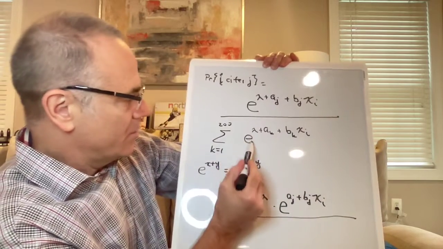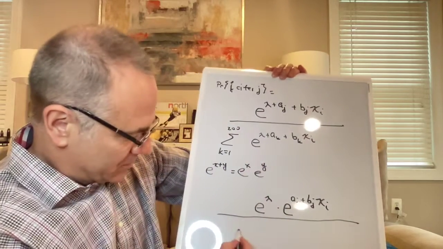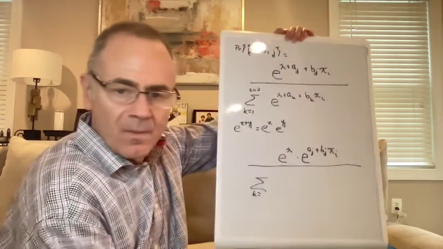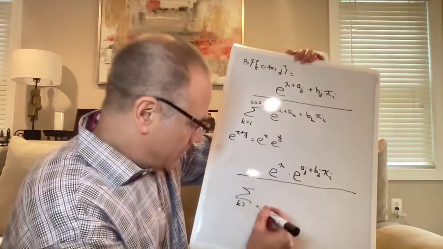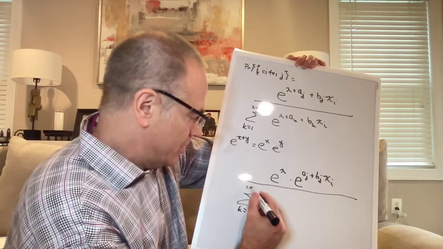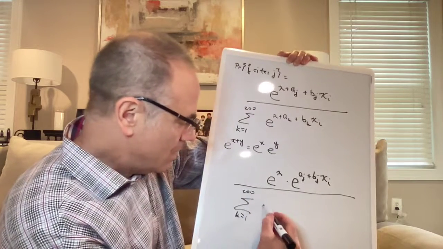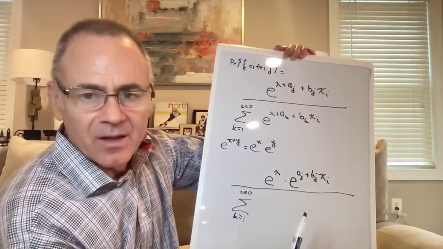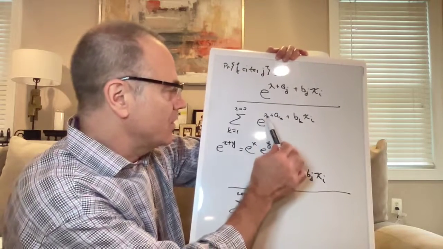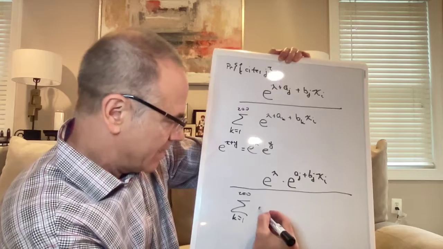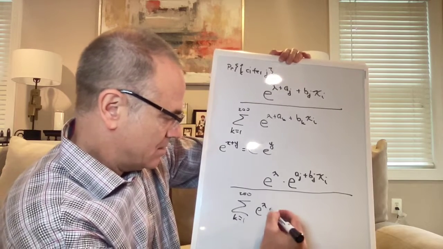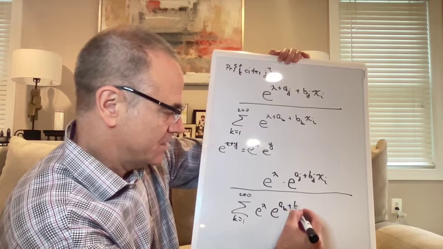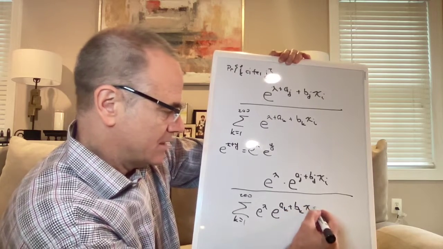And then we can rewrite this term, let's do the summation, k equals 1 to 200. This term, we do the same thing. So this term equals e to the lambda times e to the a sub k plus b sub k times x i.